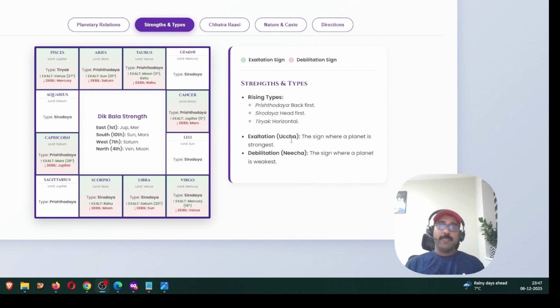So, okay, now a query is placed before the astrologer, right? And he came to know that the ascendant lord is Sun, and the Sun is placed in Aries. Okay, that means Sun is exalted. It's a positive sign. Sun is fully powerful over here. But Aries is a backward Rashi.